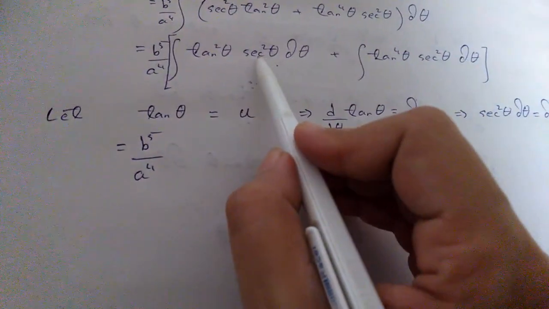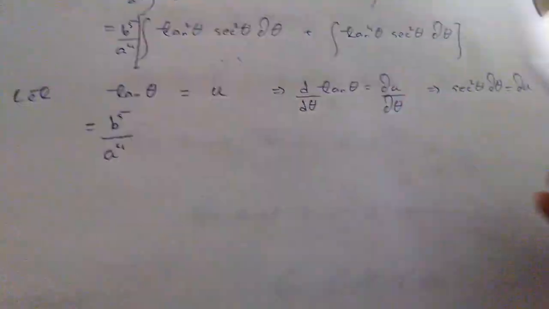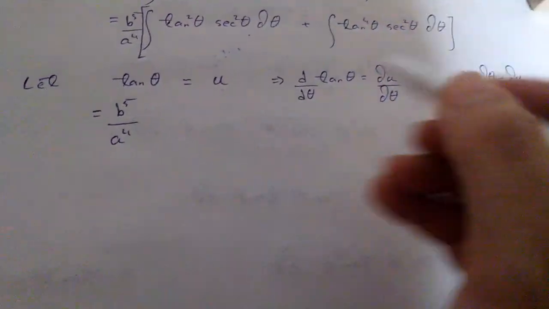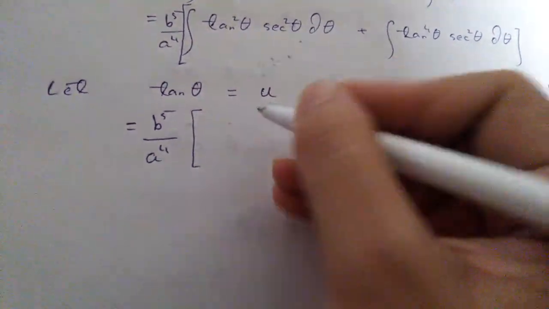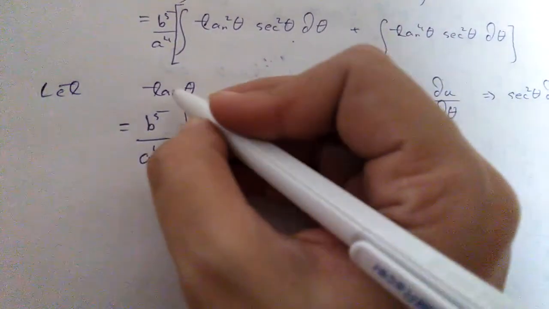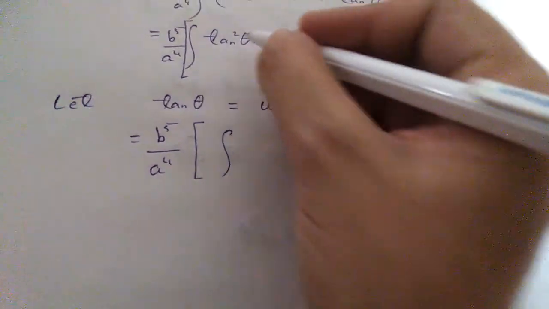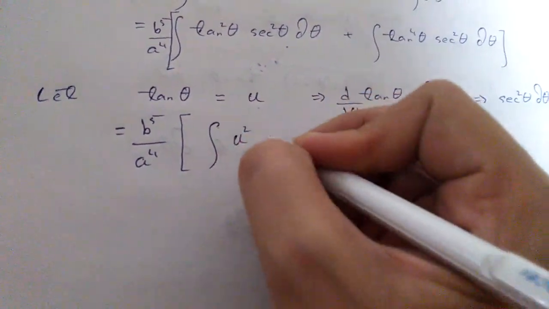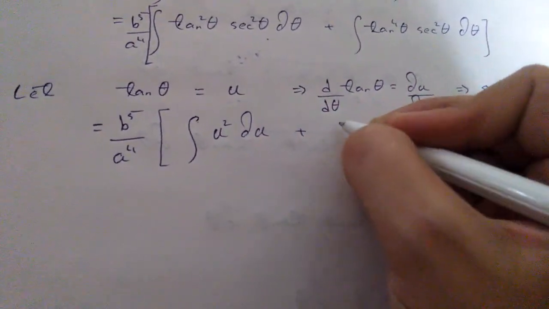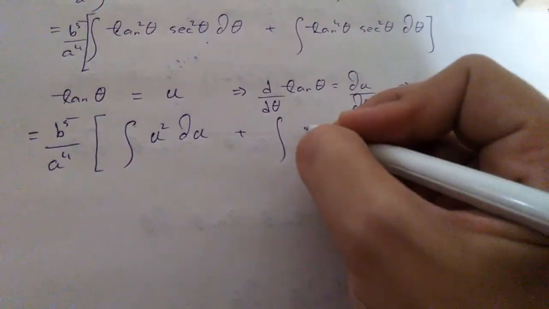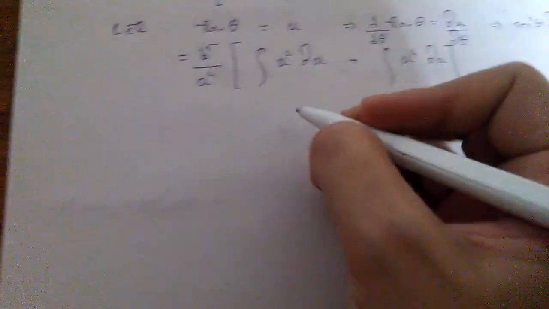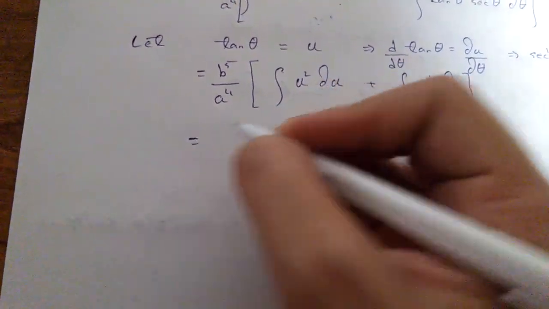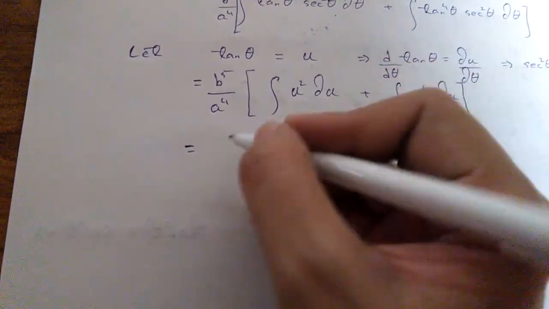So in place of your secant squared theta d theta, you're going to replace just du. Okay, so let us now do the stuff. Integral of u square du plus integral u power 4 du, and you close it. Now let us apply simple integration of our x^n.